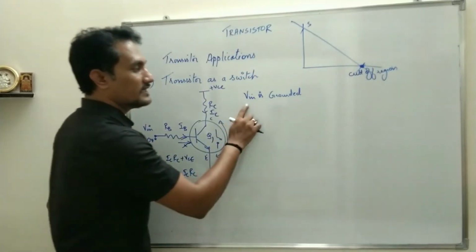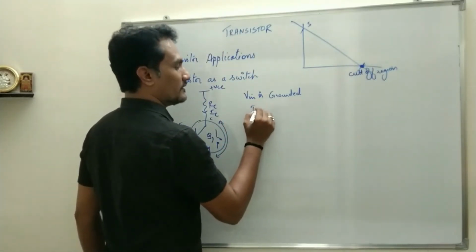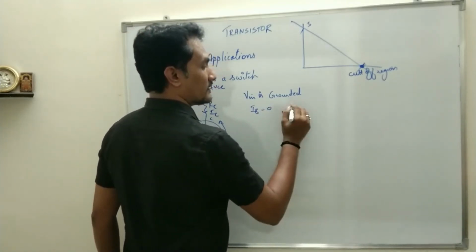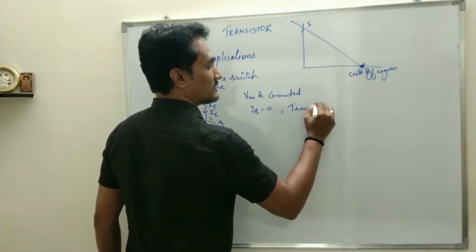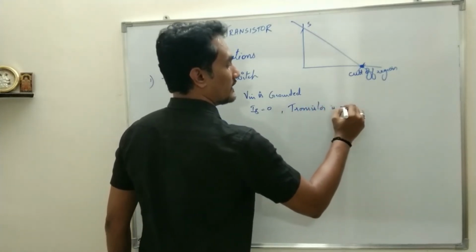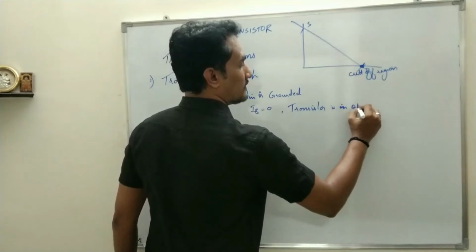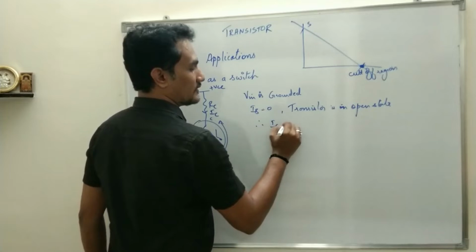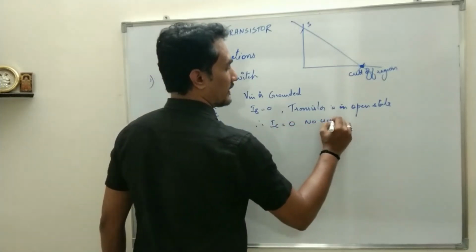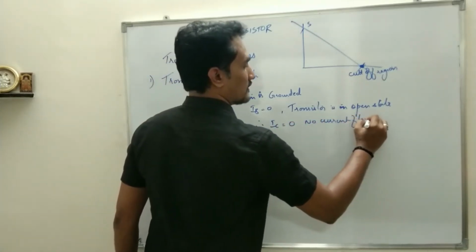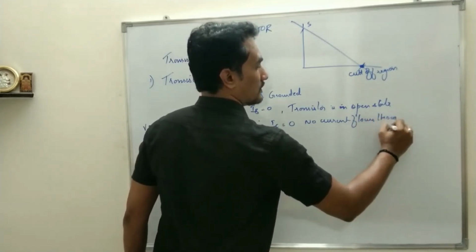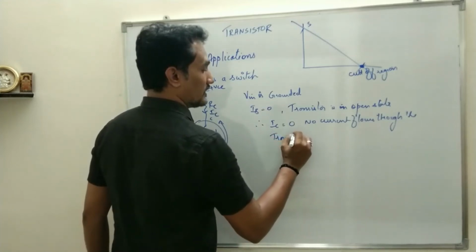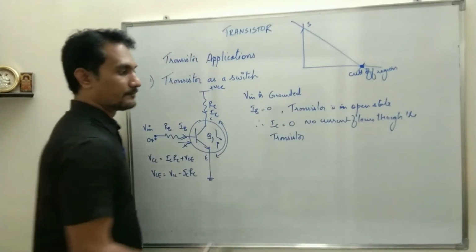So when Vin is grounded, IB will be equal to 0. Therefore transistor is in open state. Therefore IC is equal to 0. No current flows through the transistor.